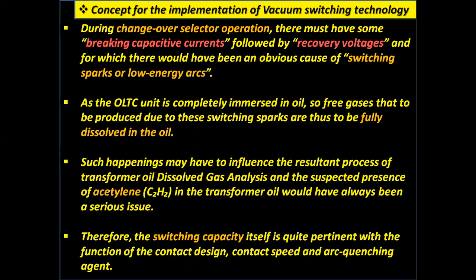As the OLTC unit is completely immersed in oil, so free gases that are produced due to these switching sparks are fully dissolved in the oil. Such happenings may influence the resultant process of the transformer oil dissolved gas analysis, and the suspected presence of acetylene in the transformer oil would always be a serious issue.